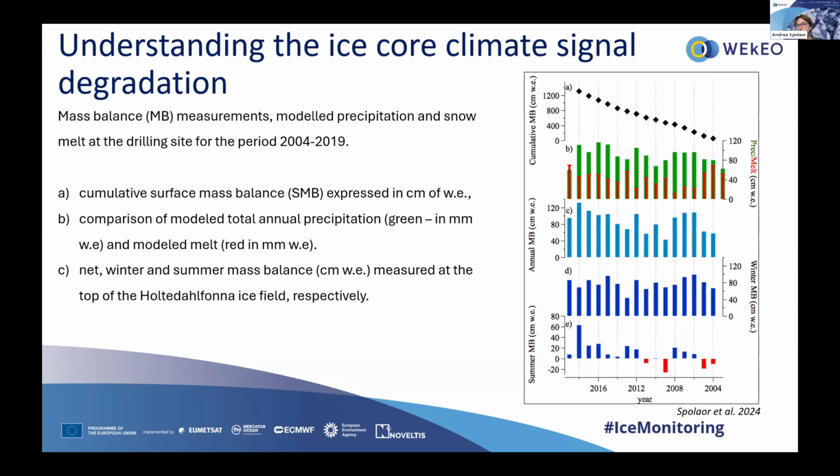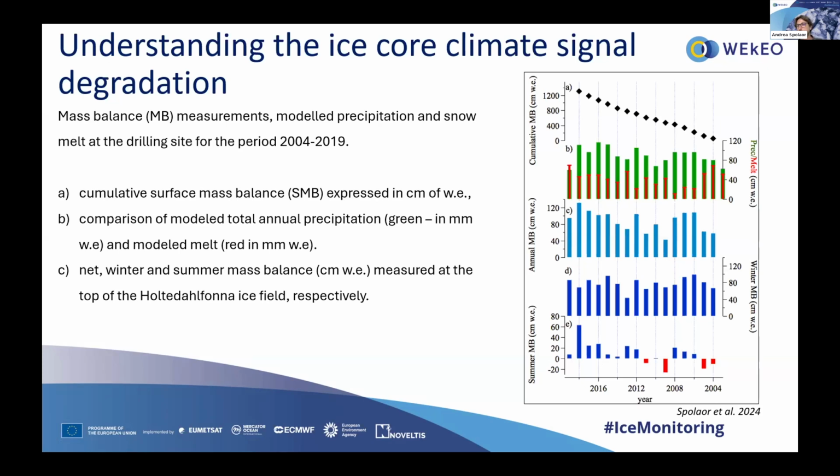For example, if we look at panels C, D, and A, in panel C we have the annual mass balance, so how much mass the site gains through the year. And we see an increase in the accumulation of mass at the site, where also during the summer we could have a positive mass balance. So also during the summer we have a kind of increase of snow mass.